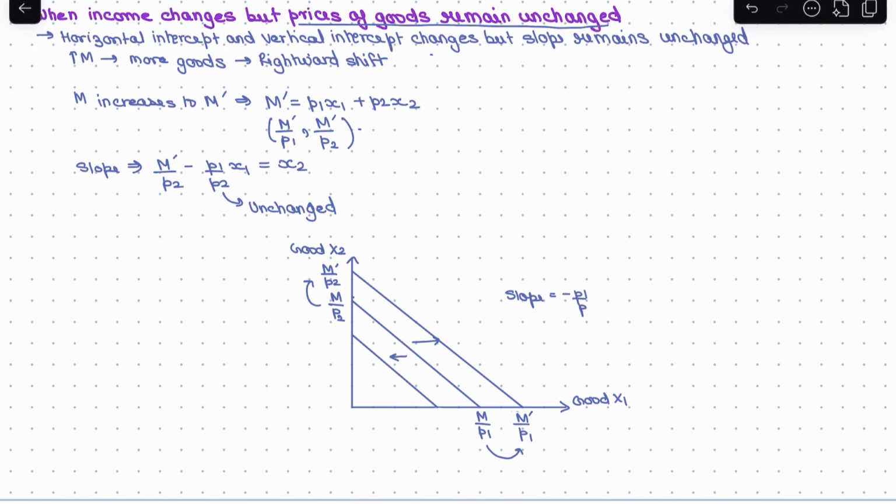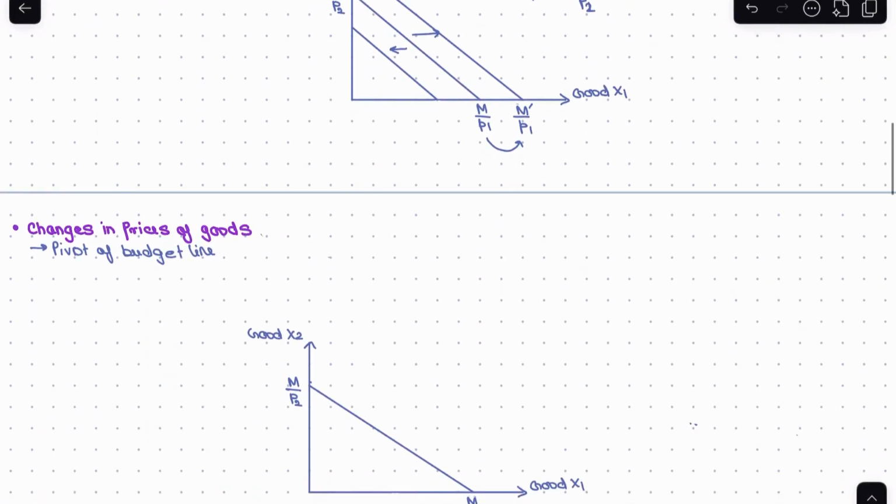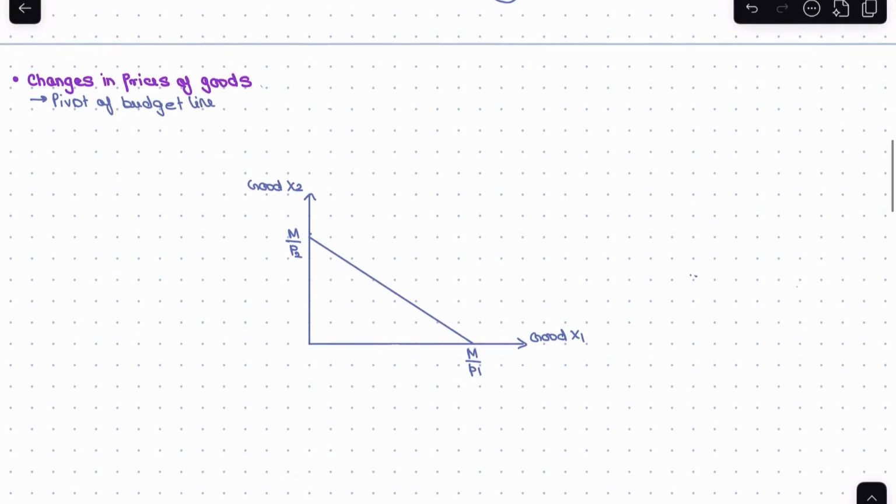Now case 2 would be if the price of one good changes while the income remains constant. If this happens, what we'll witness is a rotation of the budget line around the intercept of the good whose price has remained unchanged.